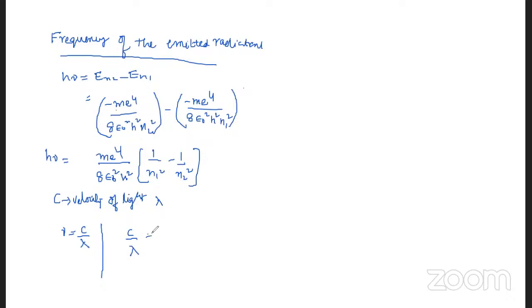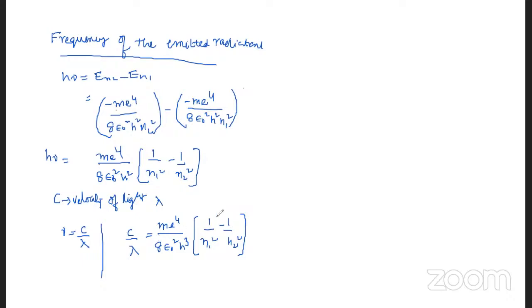So the above equation becomes c by lambda equals m e power 4 by 8 epsilon naught square h cube, because that h we have taken into the denominator, into 1 by n1 square minus 1 by n2 square. So we have got c by lambda.